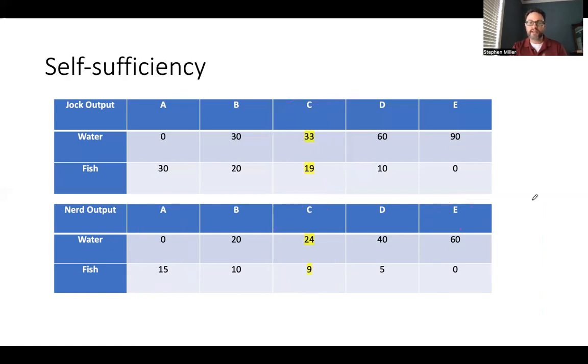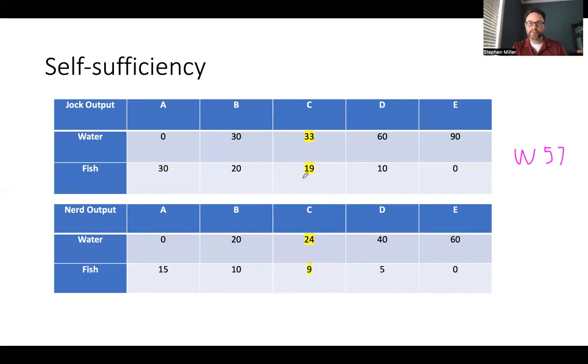And so what we see is that's what they would be when they were self-sufficient. The jock would have 33 and the nerd would have 24. So total water would be 33 plus 24, 57. I think I have it on the next slide, but I want to write it down here next to the table.